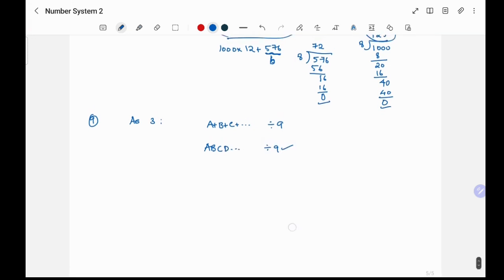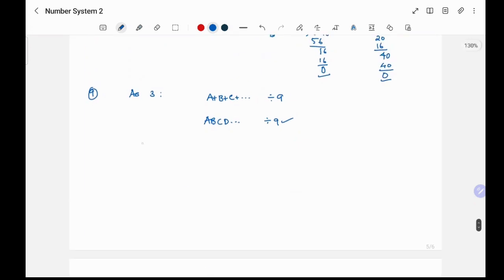Okay, so why is this true? Because any number, let's say abcd, can be written as 1000a plus 100b plus 10c plus d.